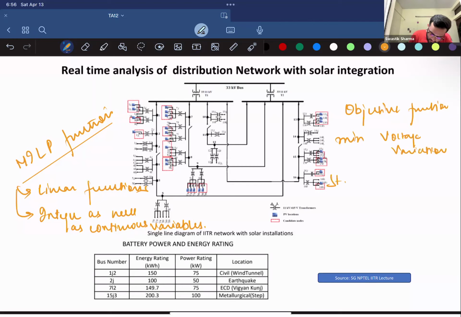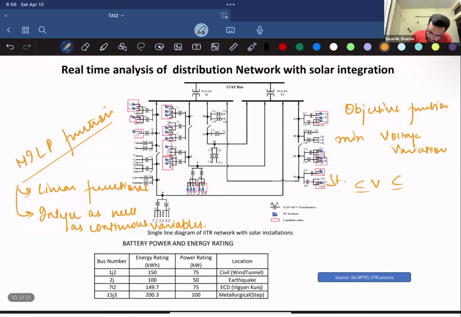And for that you had constraints such that voltage is within some limit, and this would also include some minimum of voltage variation, and what you want is negative power from BSS, some objective formulation, some function of your PBS, right?